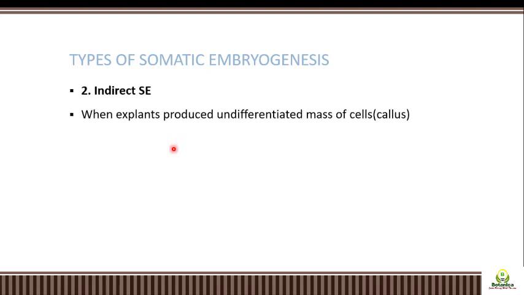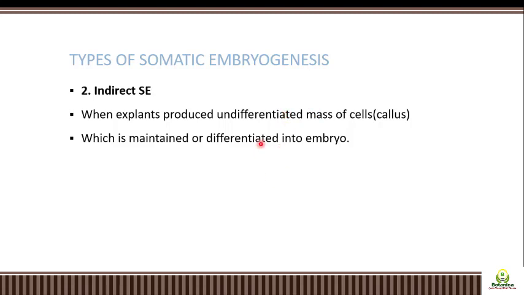Now it is clear from the definition of direct somatic embryogenesis what indirect somatic embryogenesis will be. When the explant produces an undifferentiated mass of cells, which we call the callus, and the callus is the intermediate stage between the somatic cell and the embryo, the cells are not directly converting into the embryo.